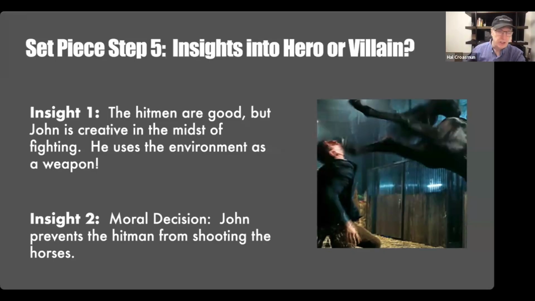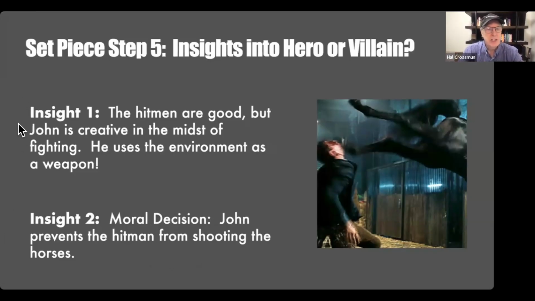And I don't think the hitman is intentionally trying to shoot the horses, but there's a point where the guy fires off like 4 or 5 shots, and John is keeping his hand pointing away from that horse. So this is a light moral decision, but if you go look in the YouTube comments, there's a bunch of people that talk about this, that he directed the gun away from the horses. So it had a meaning to them.